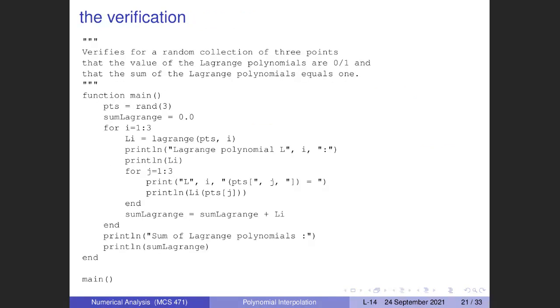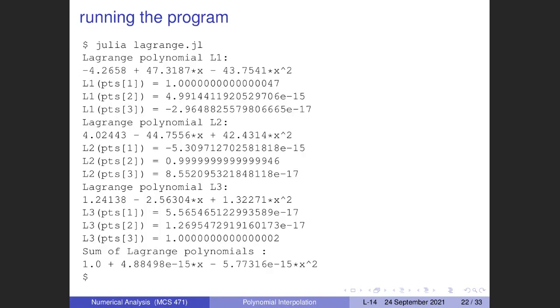And we want to verify whether the property that I just explained, that the sum of the Lagrange polynomials equals 1, we will actually verify this on a very small example. Here you see, when you run the program, that the interpolation conditions are met.